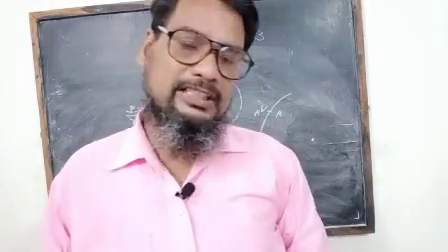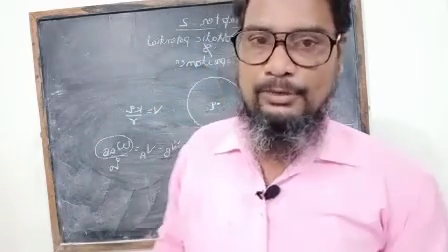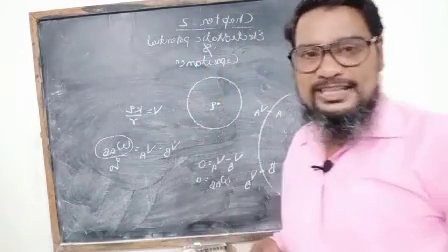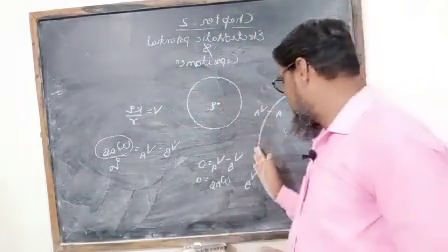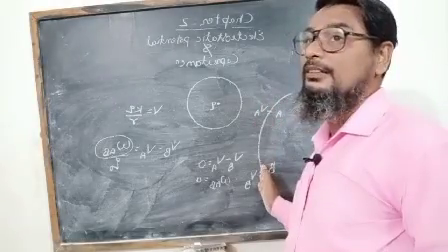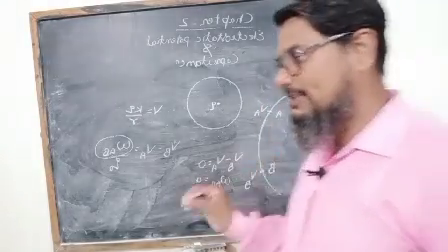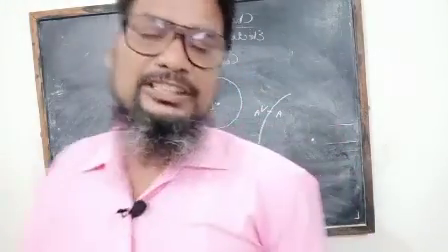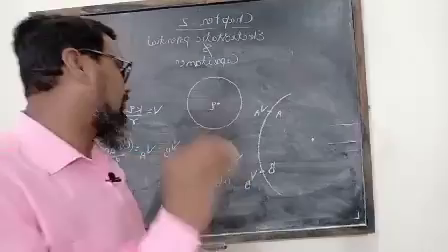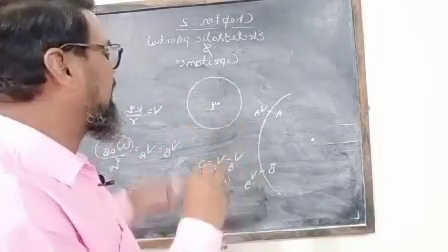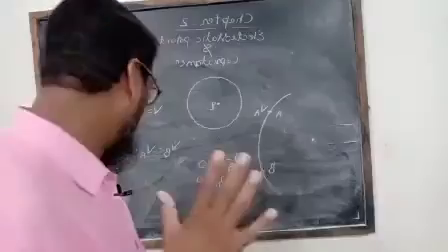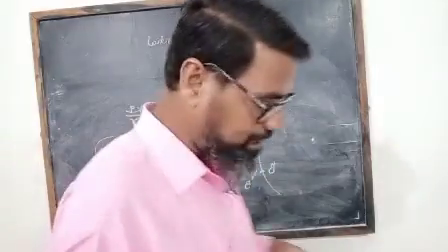This question is frequently asked in the CBSE board examination, so we must know that the work done in displacing any point charge from one point to another will be 0, because the potential difference is also 0 for an equipotential surface.